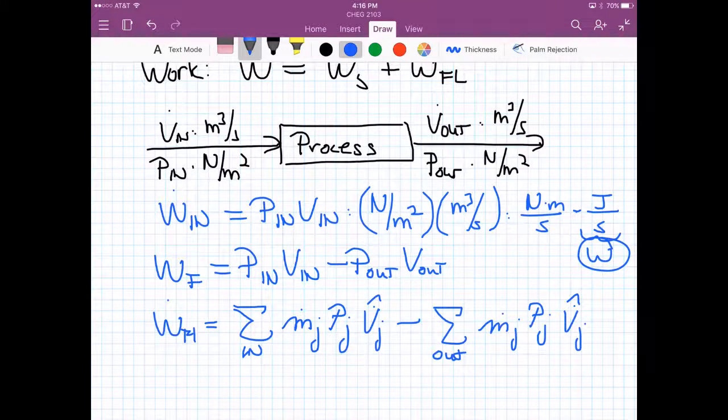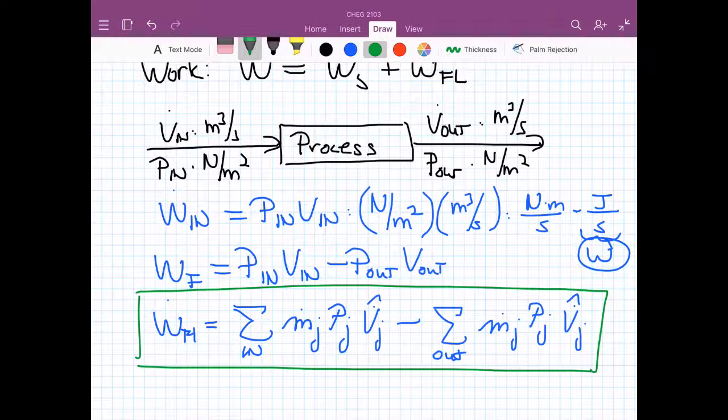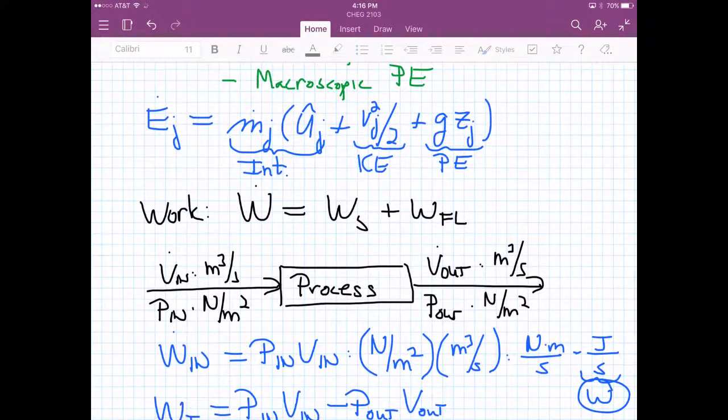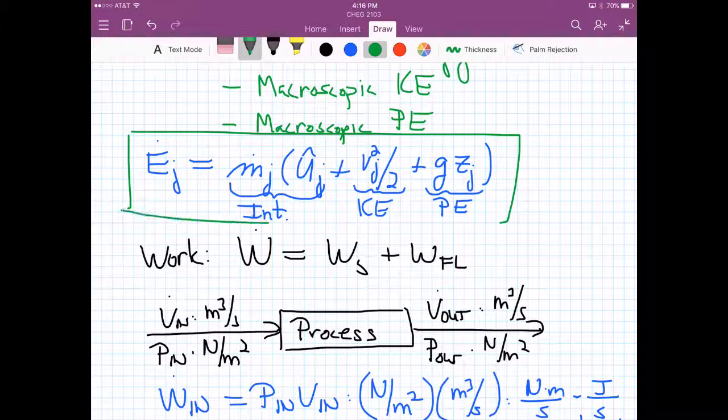Okay, so this particular equation for flow work is going to be important, as is my definition of energy for the streams.